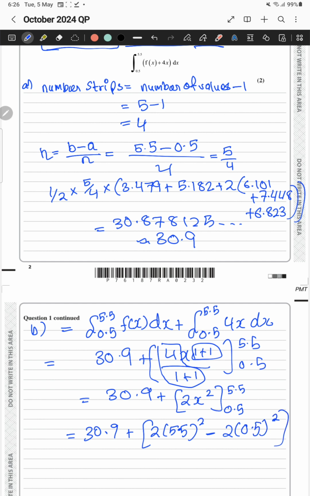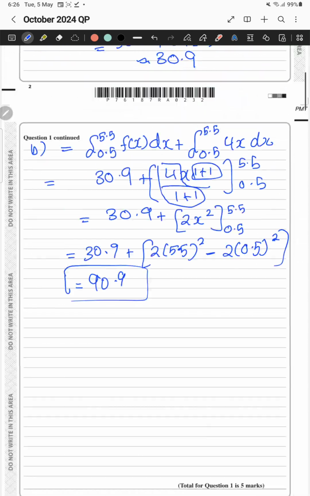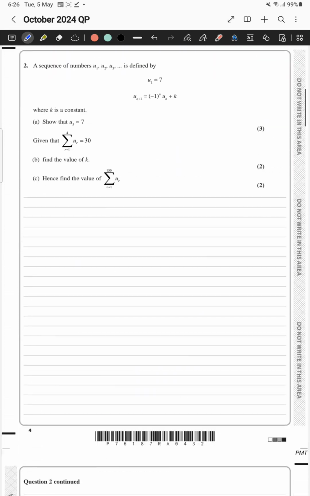So 30.9 plus 2 times 5.5 squared minus 2 times 0.5 squared. You should get 90.9 as your final answer. So that's our first question done within 6 minutes.